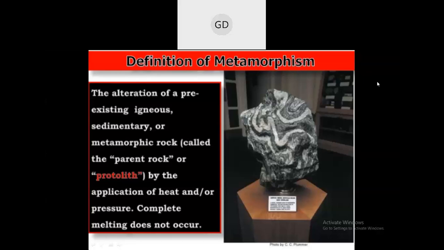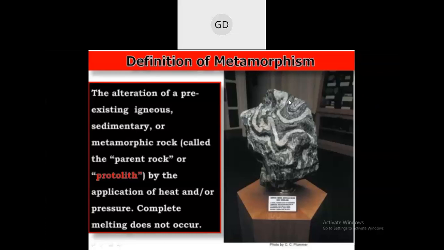This is the change or alteration of the mineralogical or the chemical constituents in the existing original rock by the application of heat, pressure, or some chemically active fluids. Basically, metamorphic rock is the alteration of the pre-existing original rocks by the application of some heat, temperature, or some pressure.